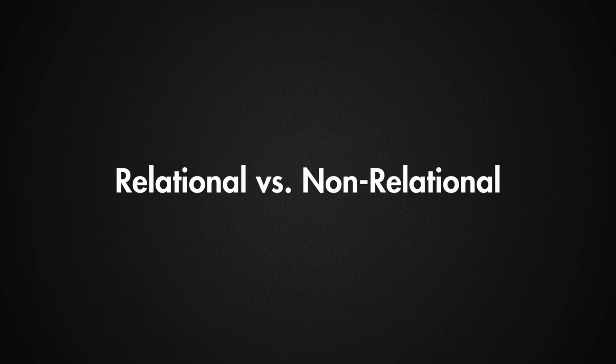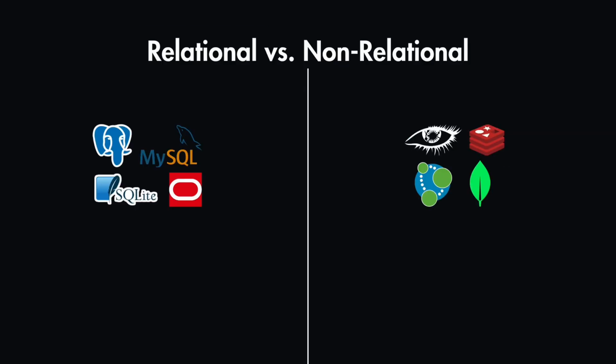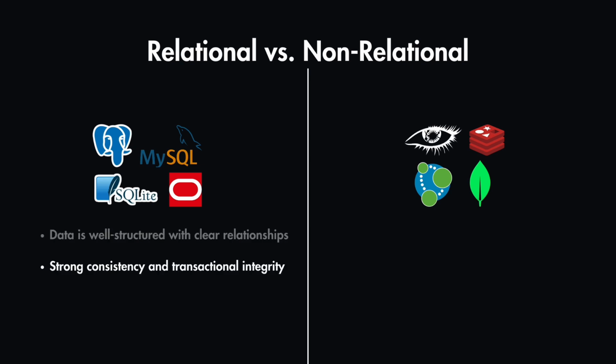So when should you use relational versus non-relational databases? Here is a quick comparison of both. If your application data is well structured with clear relationships, then you should use SQL databases. For example, if you have an e-commerce application tracking customers and orders, that's a good use case for an SQL database. Next, if you need strong consistency and transactional integrity, for example, if you have a financial application or banking system, then you should use SQL databases.